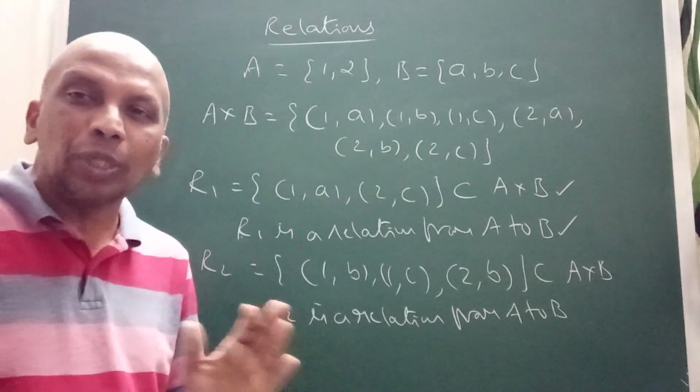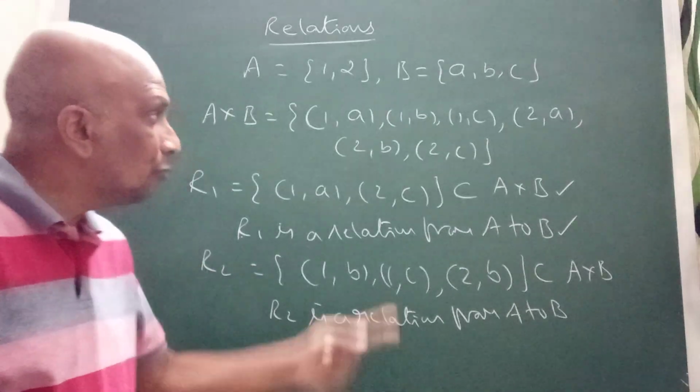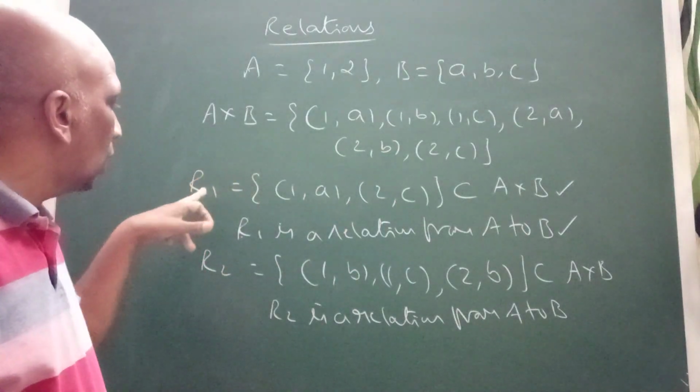So if you want to talk about a relation between two sets, first you find the Cartesian product. Every subset of the Cartesian product is known as a relation. Here you can see R1 and R2.